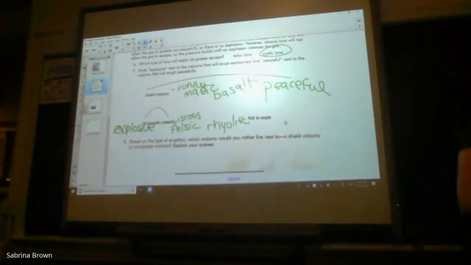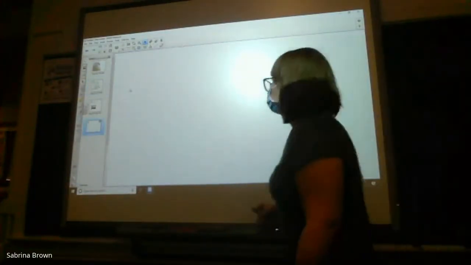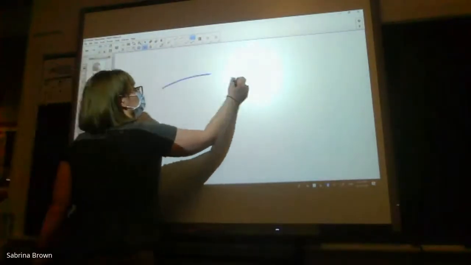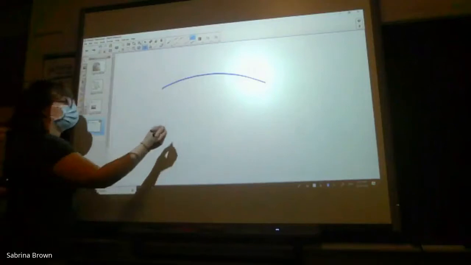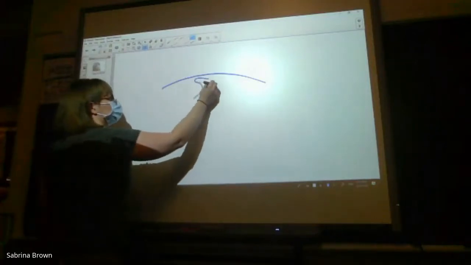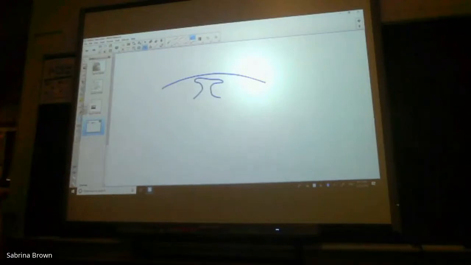And in hotspot volcanoes, what we actually have going on is that if we look at a cross section, this is the surface of Earth. We get these hot spots in the mantle, right? They're called hot spots. They're called mantle plumes. So they're this part of the mantle where it's hot and it wells up towards the surface.